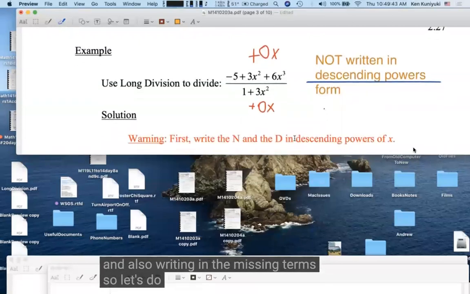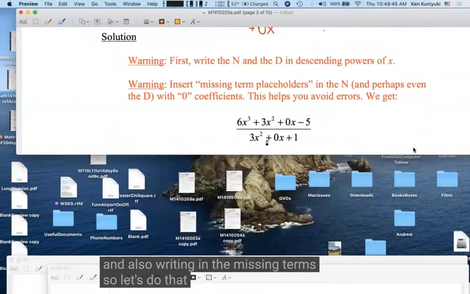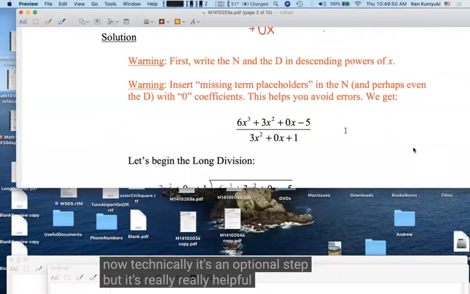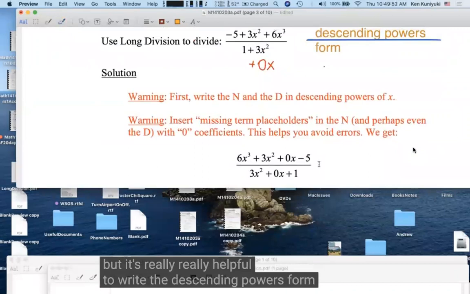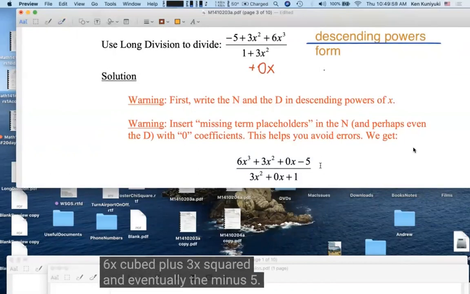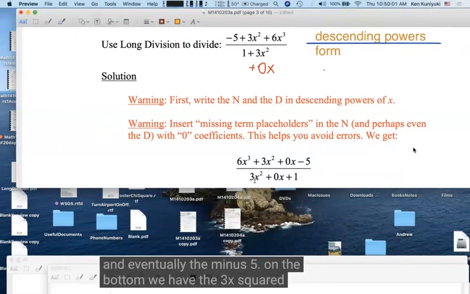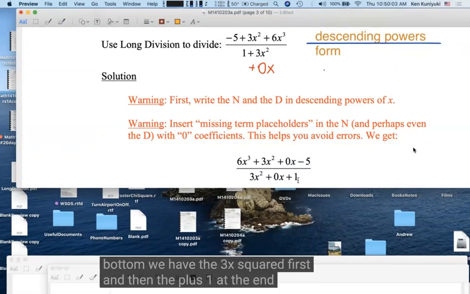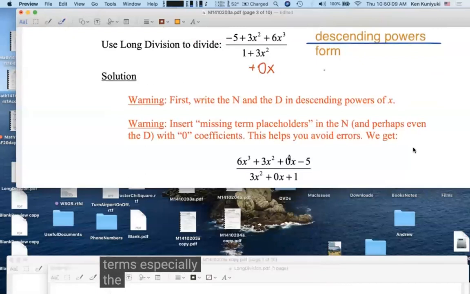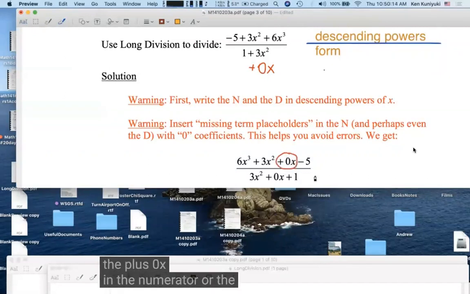So let's do that. Now, technically it's an optional step, but it's really, really helpful to write the descending powers form. So on the top we have 6x cubed plus 3x squared, and eventually the minus 5. On the bottom we have the 3x squared first, and then the plus 1 at the end. Many students also benefit from writing the missing terms, especially the plus 0x in the numerator, or the dividend.